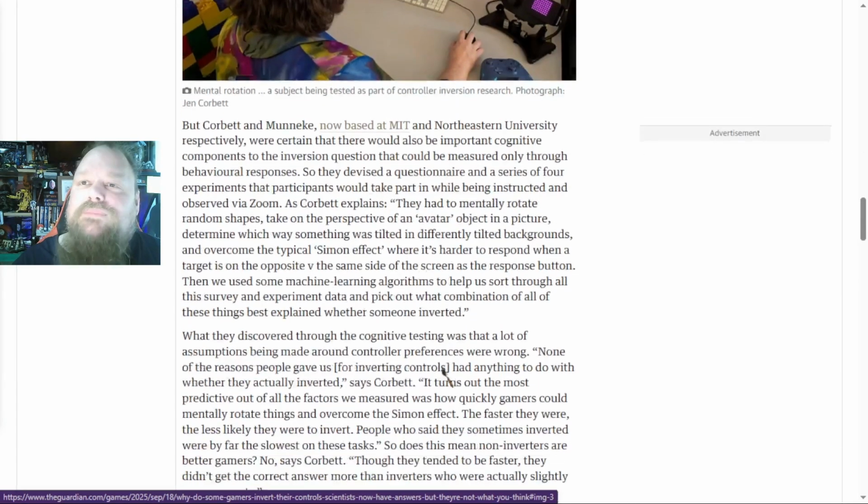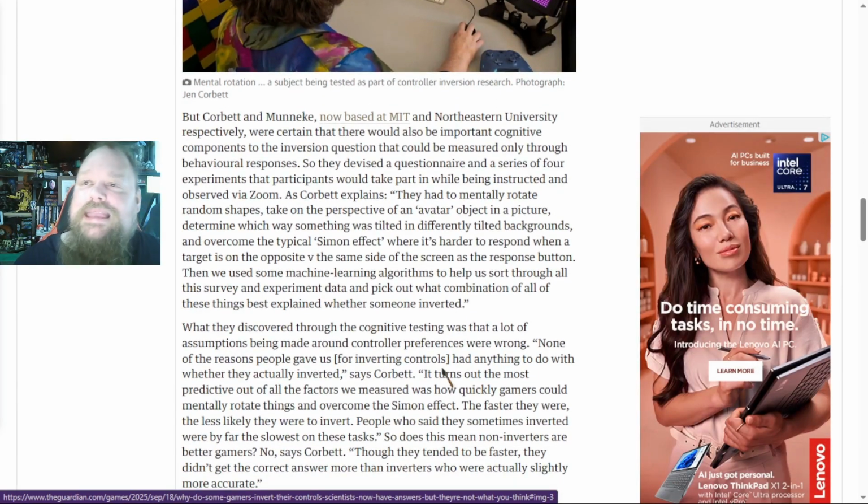But Corbett and Munnik, now based at MIT and Northeastern University respectively, were certain that there would also be important cognitive components to the inversion question that could be measured only through behavioral responses. So they devised a questionnaire and a series of 4 experiments that participants would take part in while being instructed and observed via Zoom.